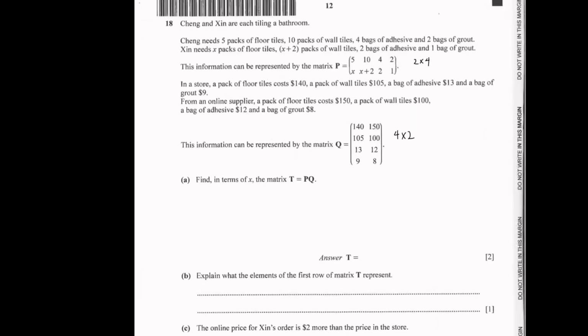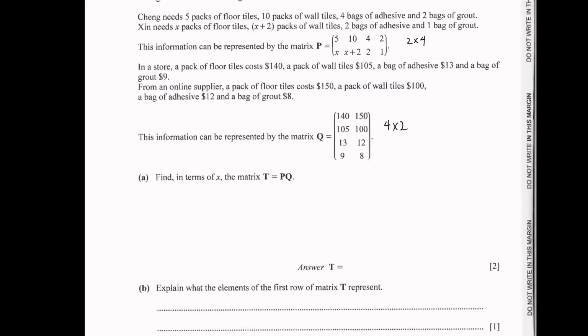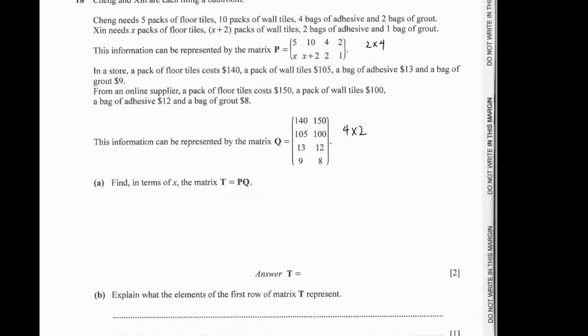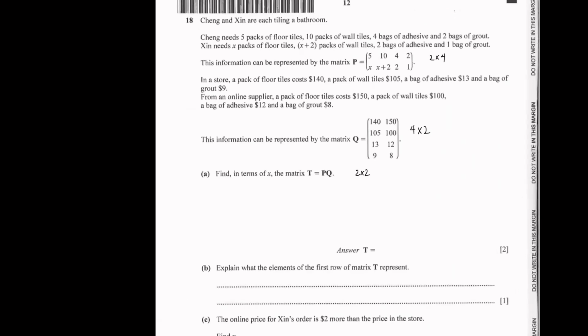Okay, so now in part A, they want us to find the matrix T. So T is P times Q. Because P is a 2 by 4 matrix and Q is a 4 by 2 matrix, the end result of T is going to be a 2 by 2 matrix. So let's find the answer.